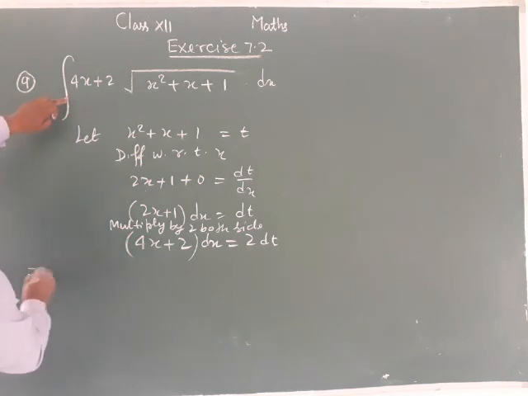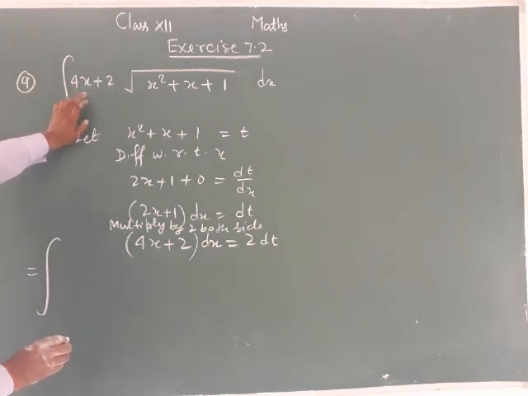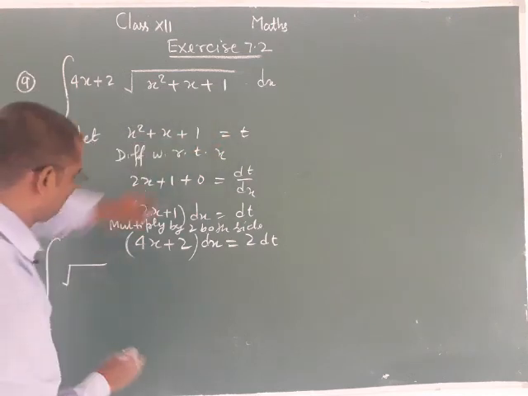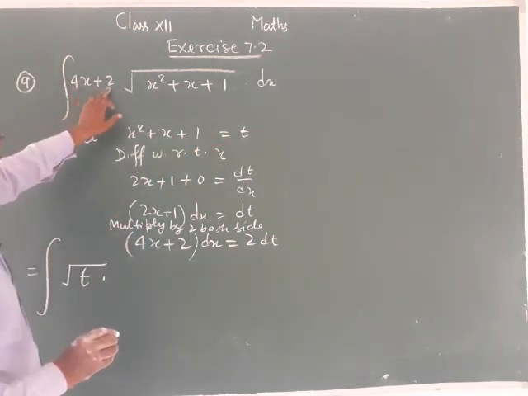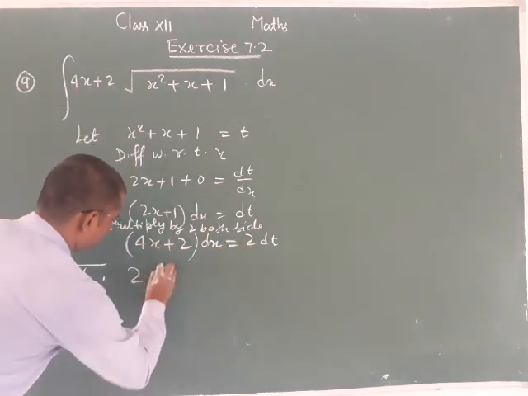So now we can change this. Integration of root t, and (4x plus 2) dx is equal to 2 dt.